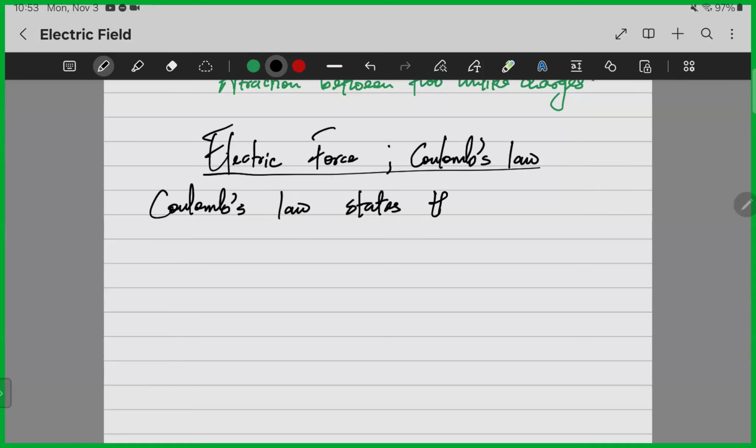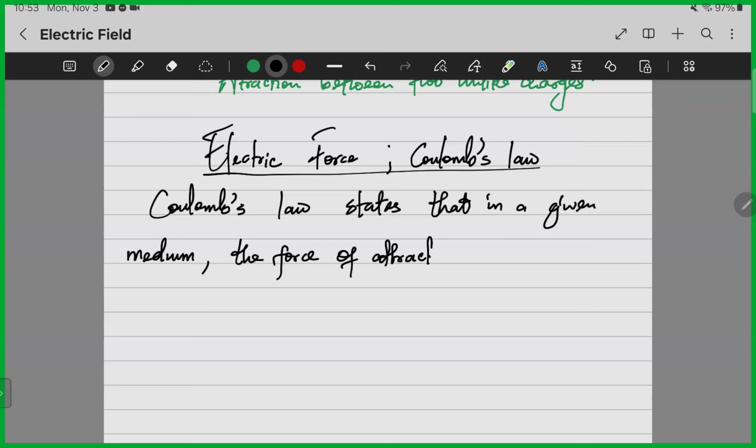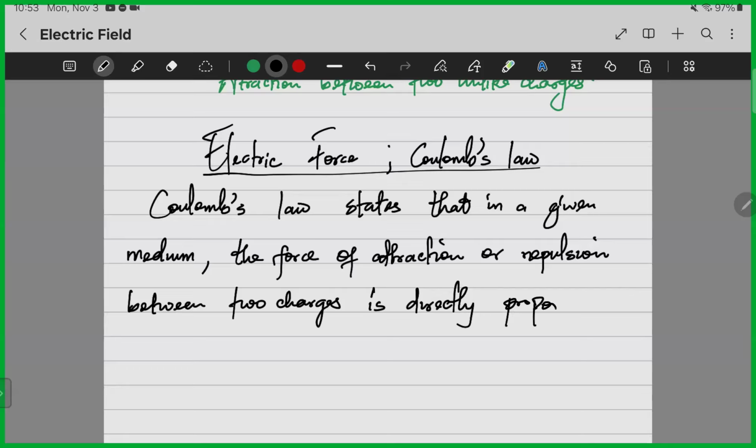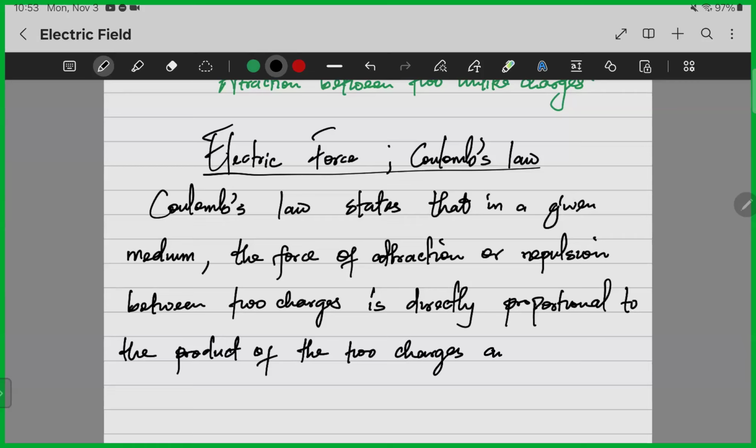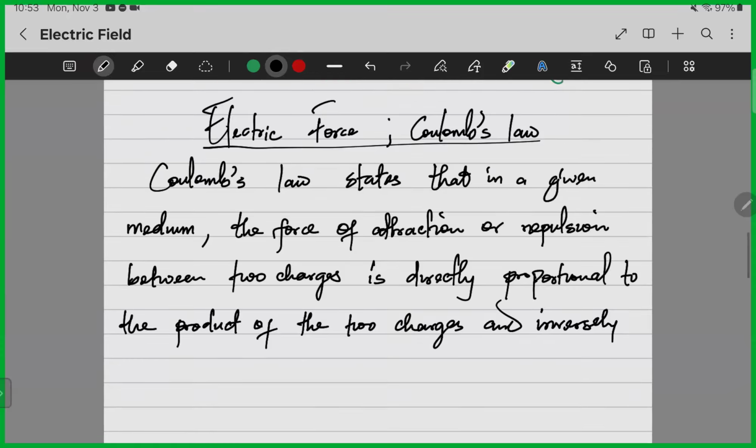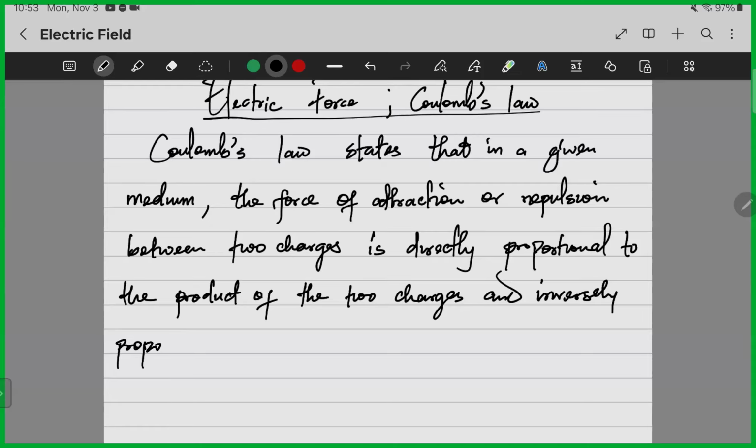It states that in a given medium, the force of attraction or repulsion between two charges is directly proportional to the product of the two charges, and inversely proportional to the square of the distance between them.